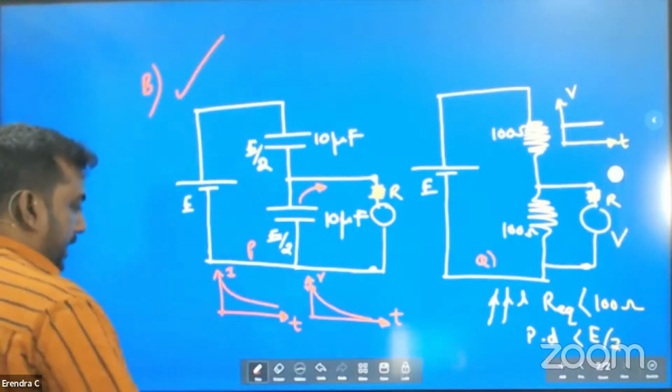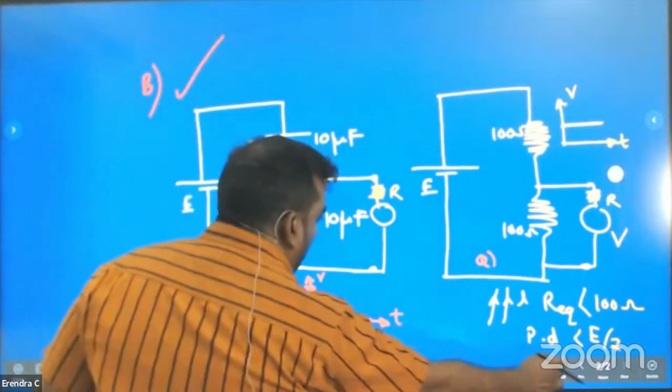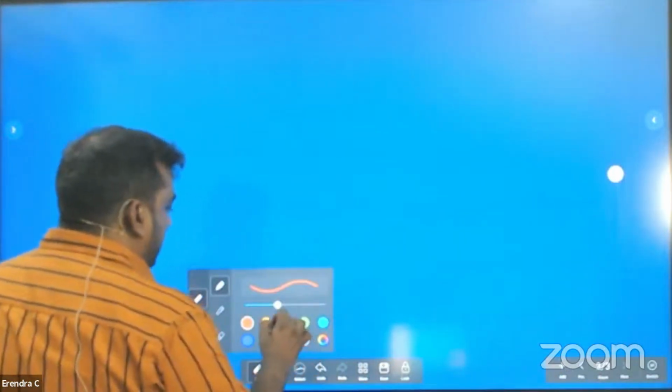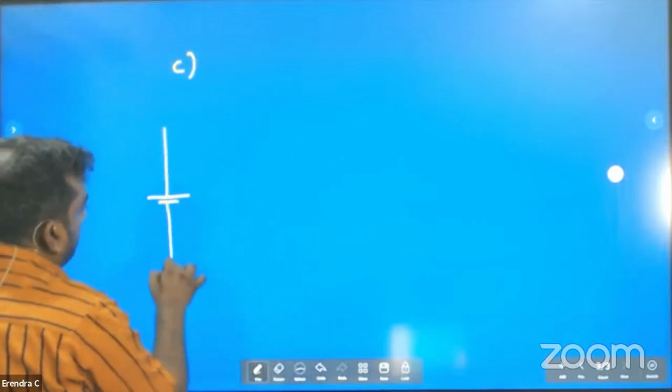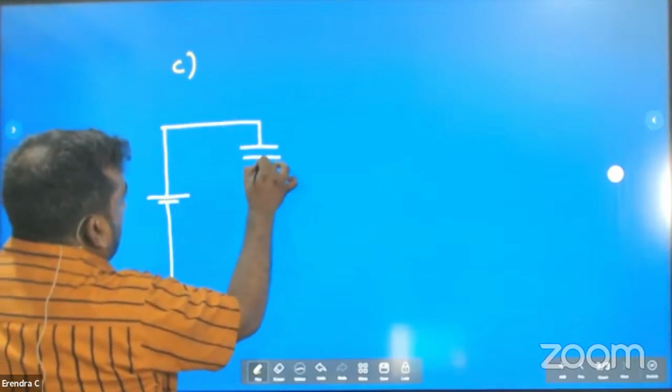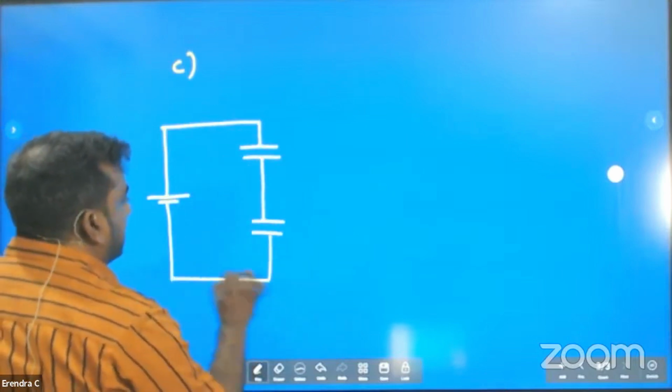Right. Now, part C. What is part C? Here a capacitor is there, here a capacitor is there.